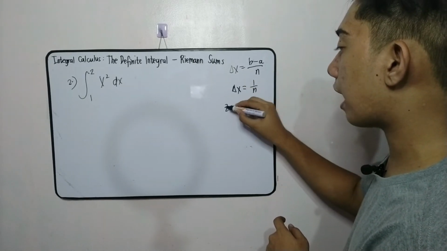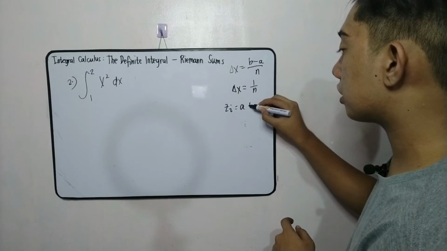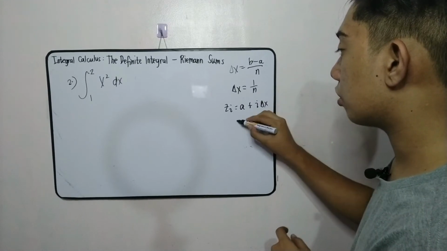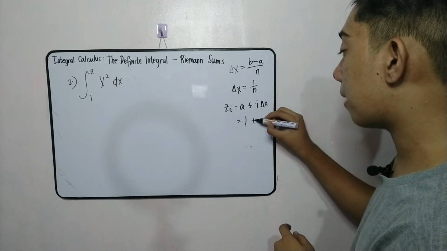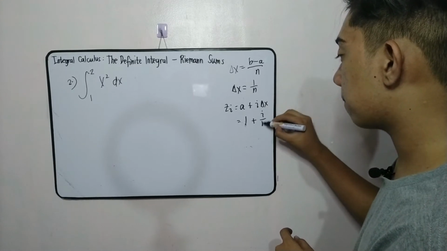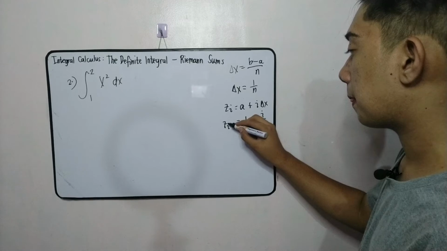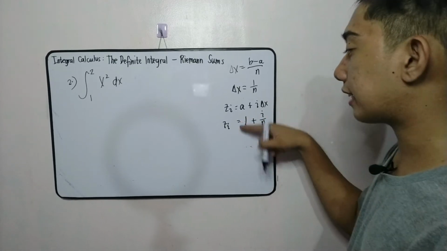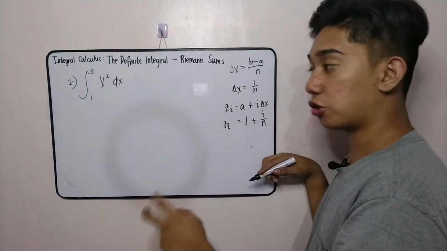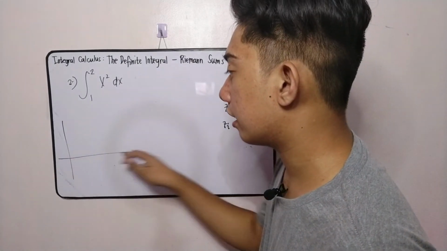And for z sub i, it is a plus i times delta x. So, this becomes 1 plus i over n. So, we now have our delta x and z sub i. So, we already have values. Let's graph to understand.